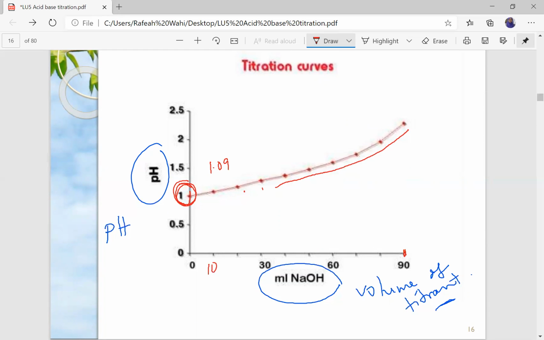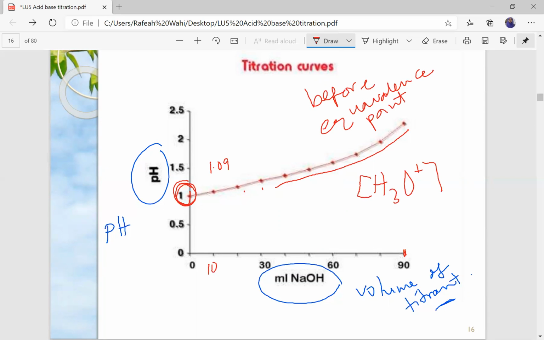So this is your titration curve before the equivalence point. Remember, any calculation before the equivalence point is based on the excess hydronium ion.